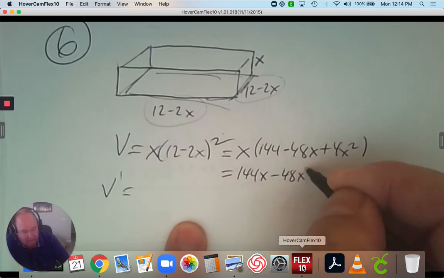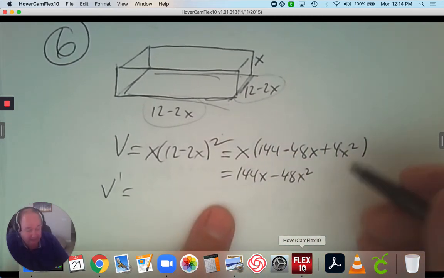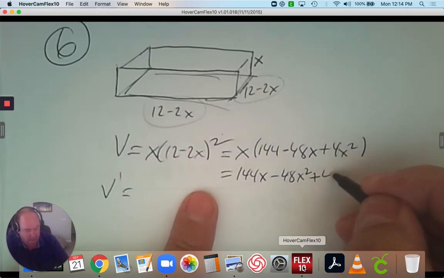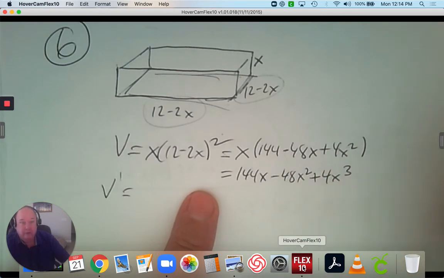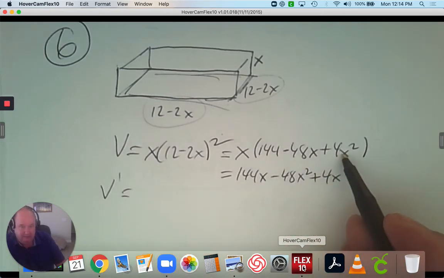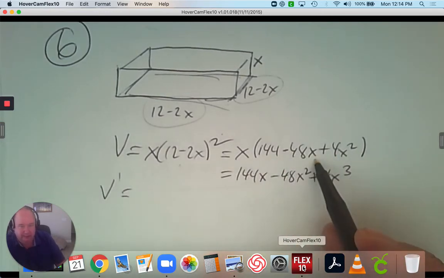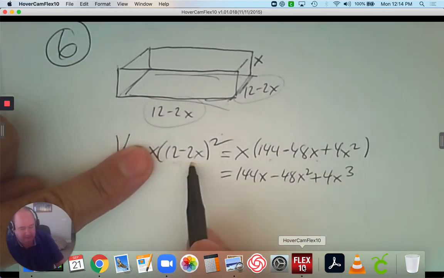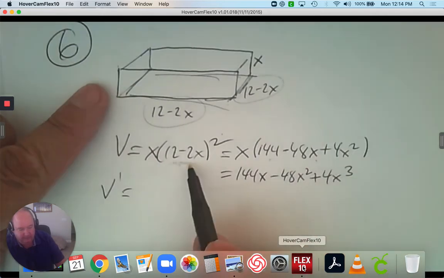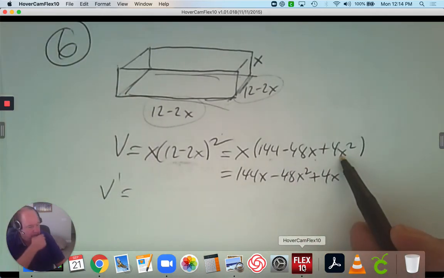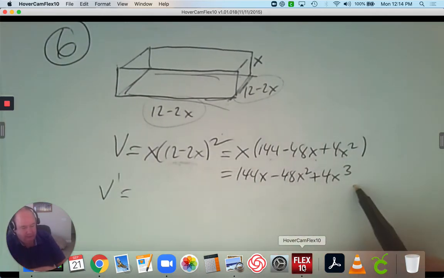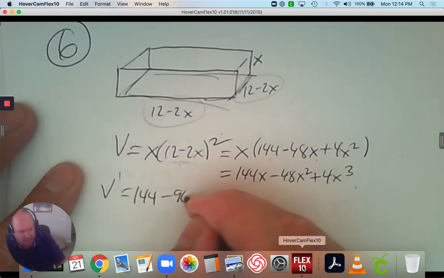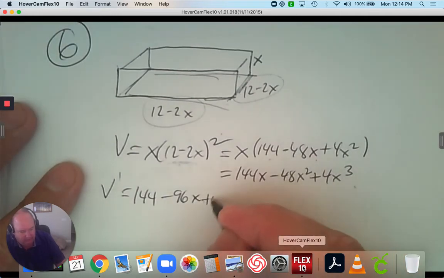I just have to do the power rule instead of having to do the product rule, which would be longer and more of a headache. So here I expanded it. That needs to be a skill you have. So again, 12 squared is 144. Multiply them together and double it. And then negative 2x squared is positive 4x squared. Distribute the x. Now it's just the power rule. That's 144 minus 96x plus 12x squared.